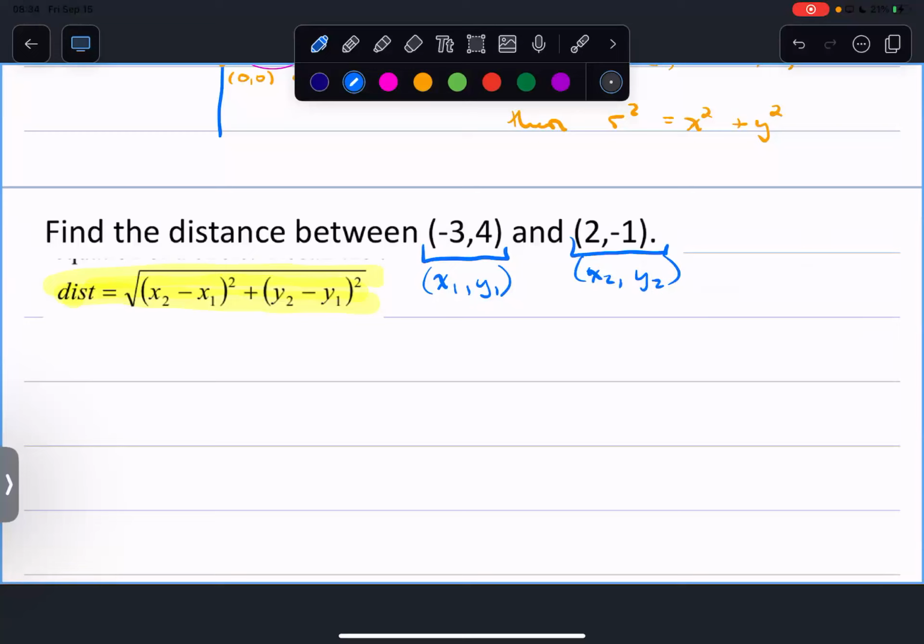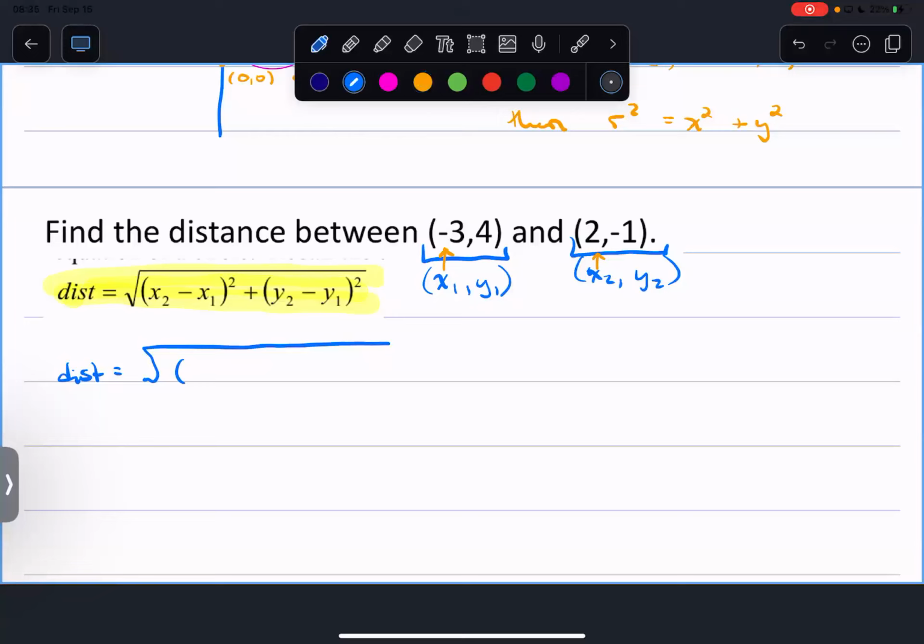So here we go. The distance is the square root of, now we want to find x2, which if I just map backwards, right, x2 is 2 and x1 is -3. Be careful preserving that negative, right? You don't want to take it from here to here, right?